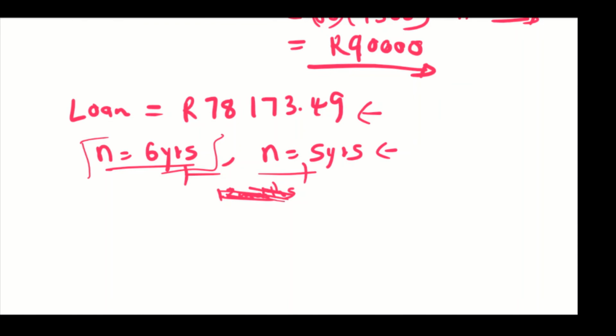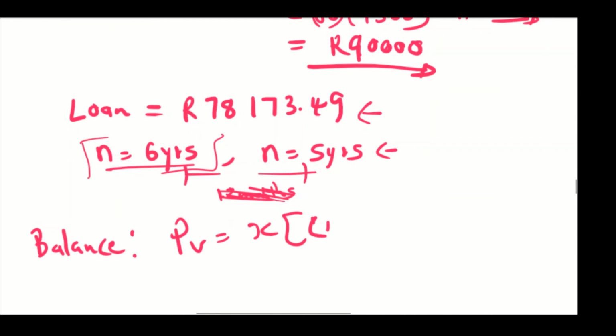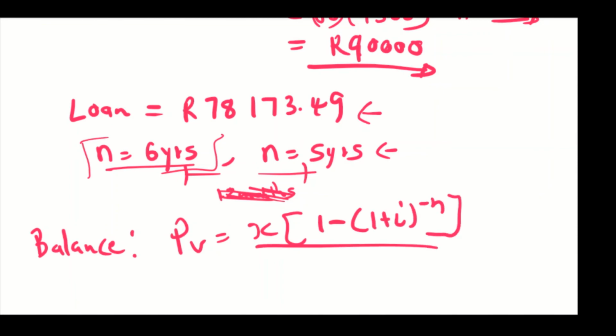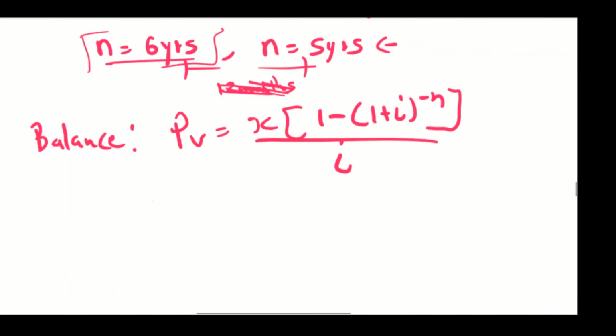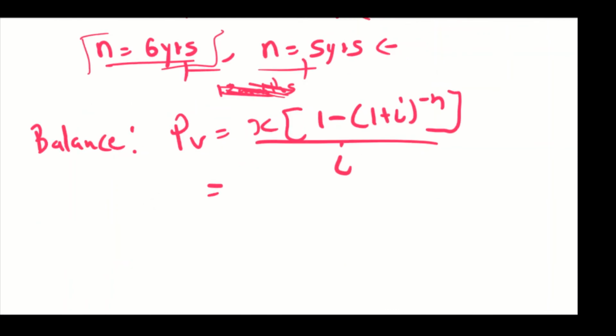But to calculate the balance, because we just calculated the balance of the loan, we're going to use our PV equals x multiplied by (1 minus (1 plus i) to the power of minus n) divided by i. So yes, we're still paying 1.5, right? Okay, why am I writing 15,000? Oh, I love money.